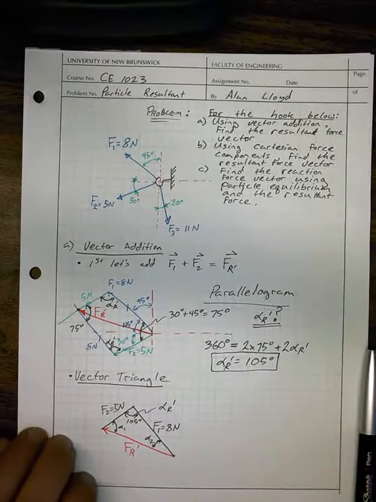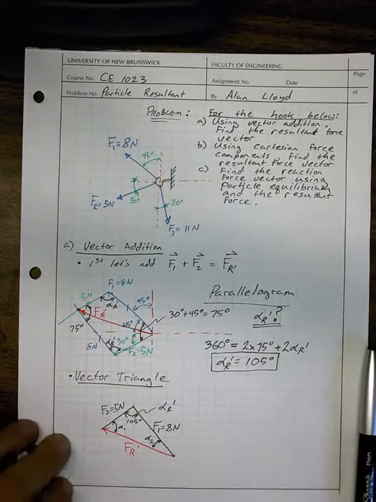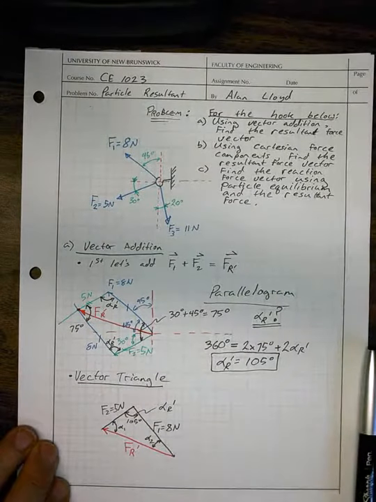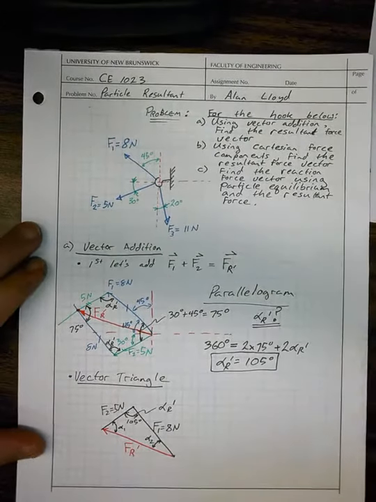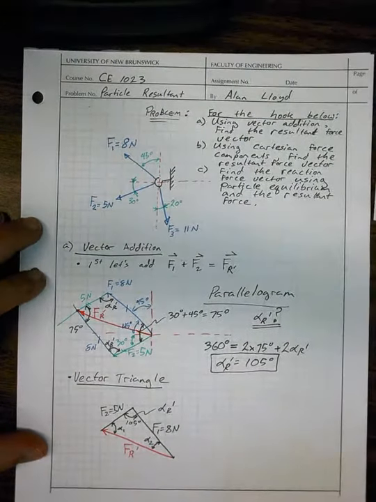So in order to solve for the unknown quantity here, which for us right now is FR prime, and later we're going to get alpha 2 as well, we need to employ some of our trigonometry. And we know that we have a cosine law.